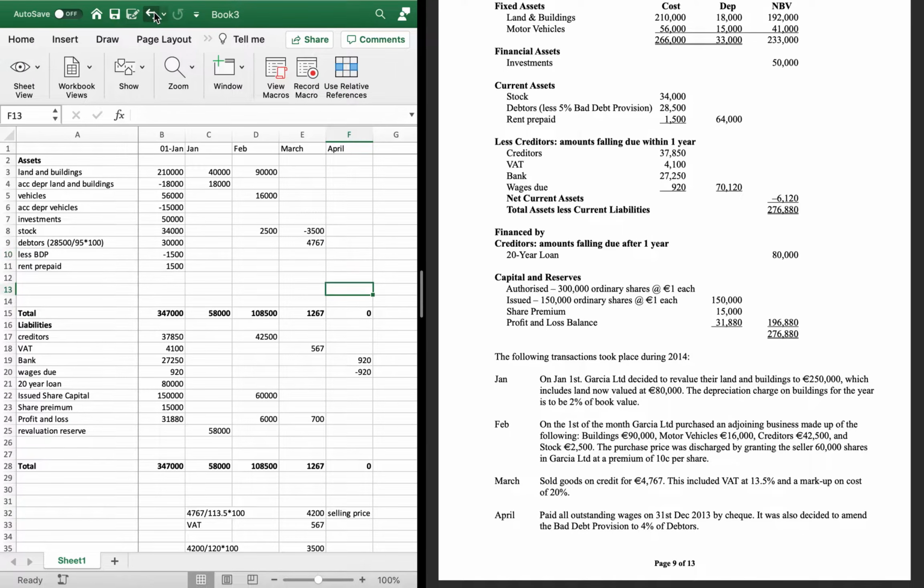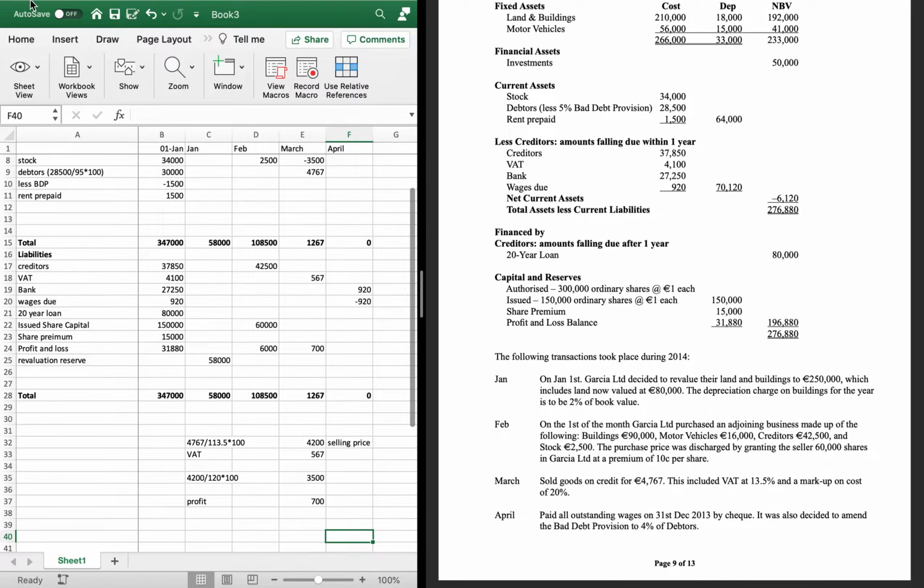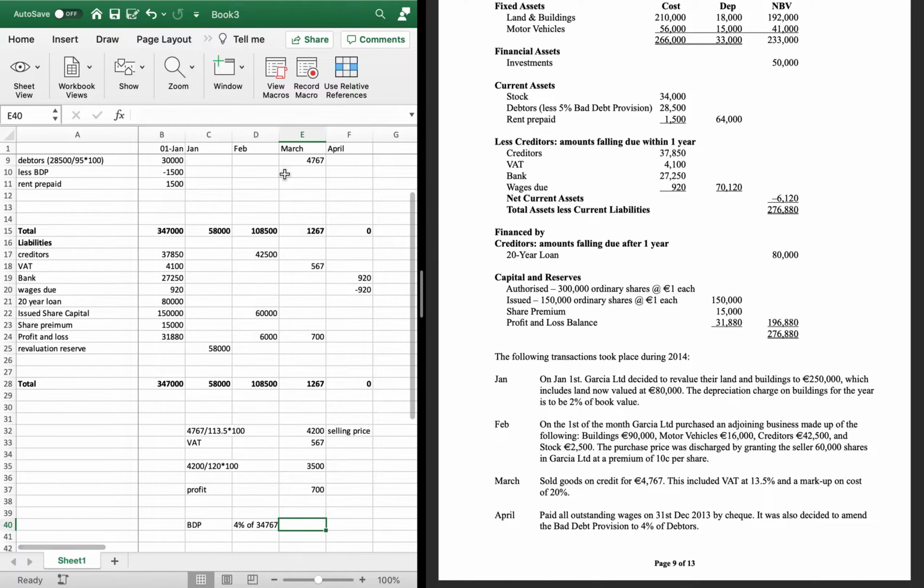So again, we'll do it as a working. 4% of 34,767. So the new BDP is 4% of 34,767, which is 1390.68.